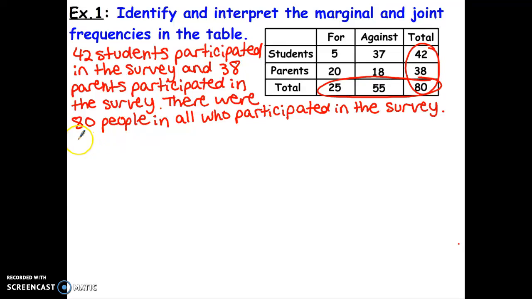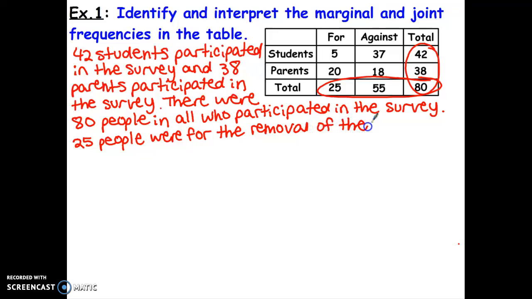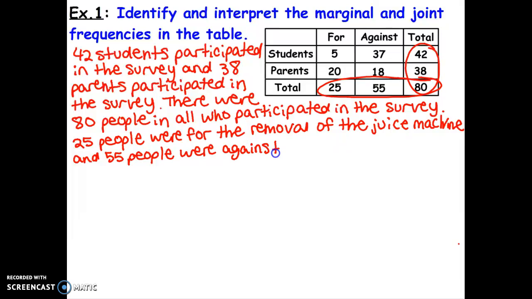So 25 people were for the removal of the juice machine, and 55 people were against the removal of the machine.